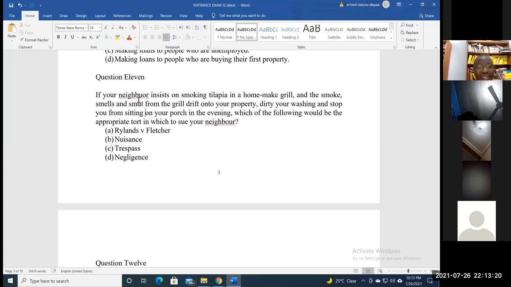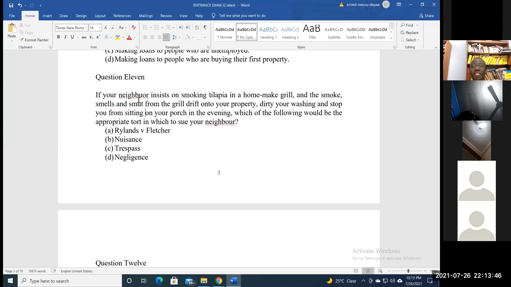C, trespass. Trespass is where a person interferes with your possession, with your title. Or no, we cannot necessarily say that. D, negligence.